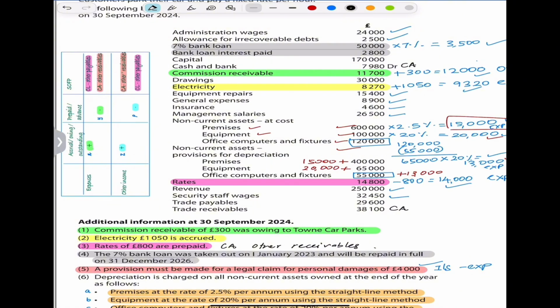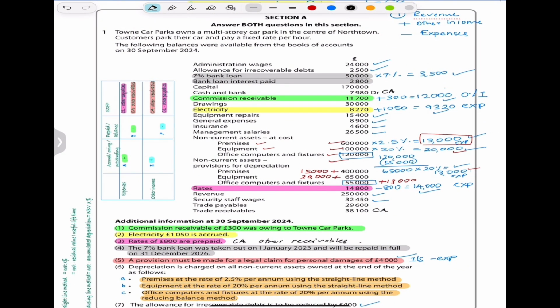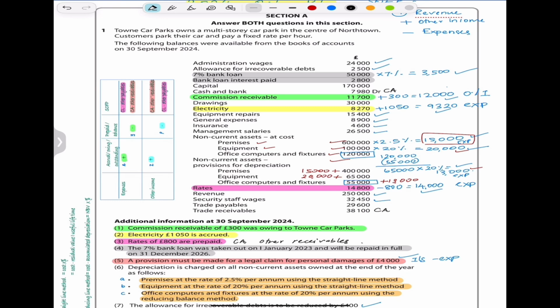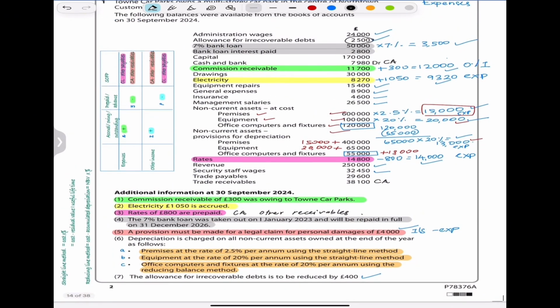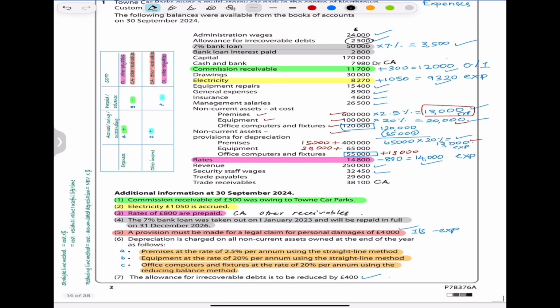And you have allowance for irrecoverable debt. Earlier it was 2,500. Now it reduced by 400. So 2,500 take away 400 should be 2,100 at the end of the financial year. This also will go under current assets.